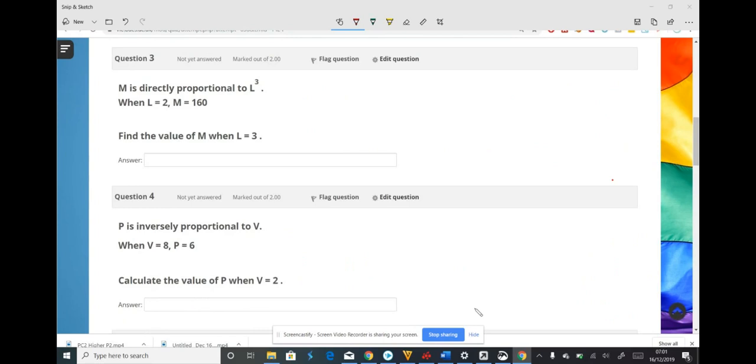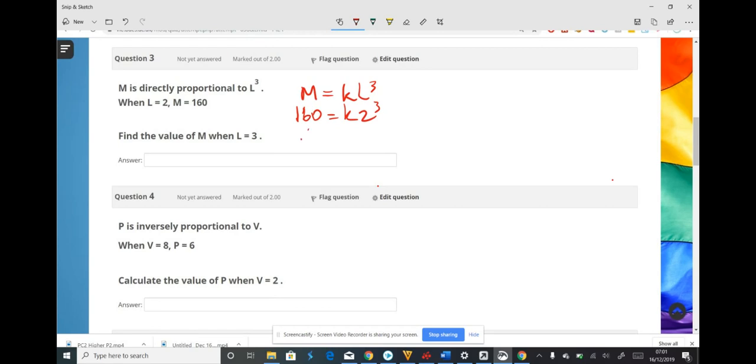Question number 3. M is directly proportional to L cubed. When L is equal to 2, M is equal to 160. Find the value of M when L is equal to 3. So we've got direct proportion again. So we could write this as M is equal to K L cubed. So when M is 160, L is equal to 2.